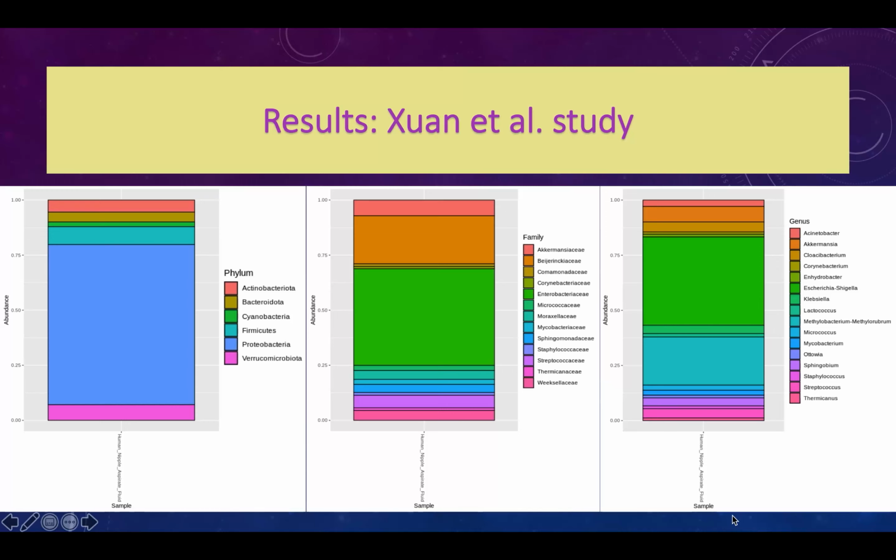At the phylum level, these results are very similar to the original study, as both studies have Actinobacteriota, Bacteroidota, Firmicutes, Proteobacteria, and Cyanobacteria. And they are similar at the genus level too, as both have Methylobacterium and Sphingobium present. However, Escherichia-Shigella is not present in the original study's findings.